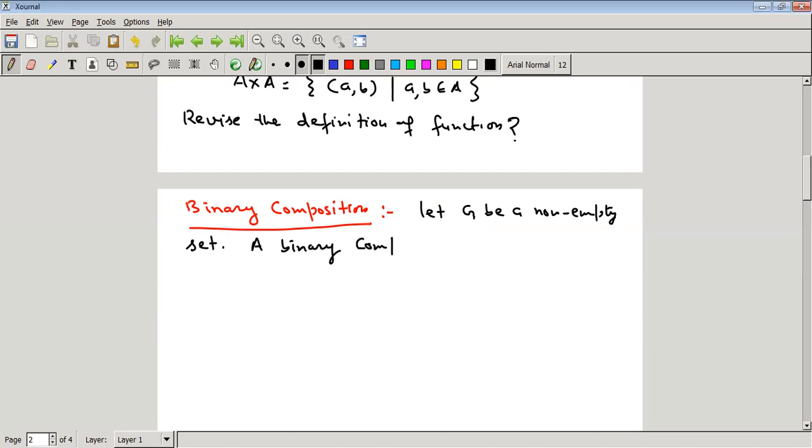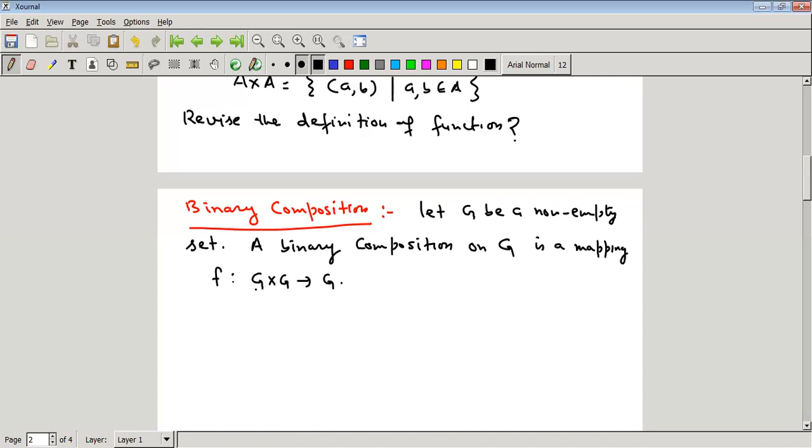A binary composition on G is a mapping f from G cross G to G. So all of you know how we define G cross G. G is a non-empty set, it is given to you.